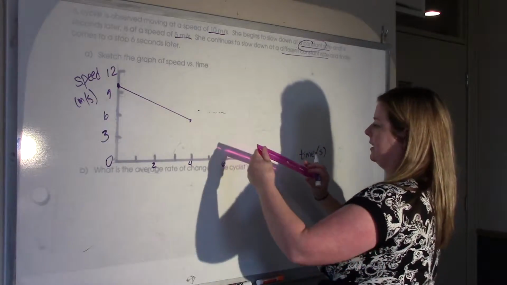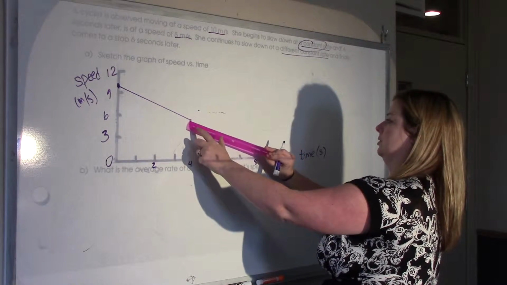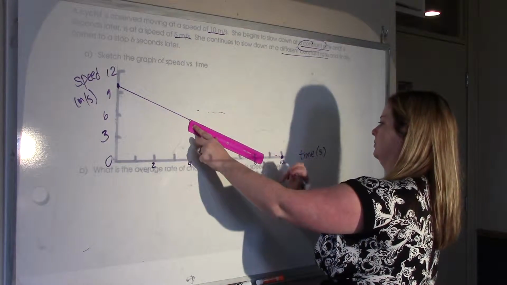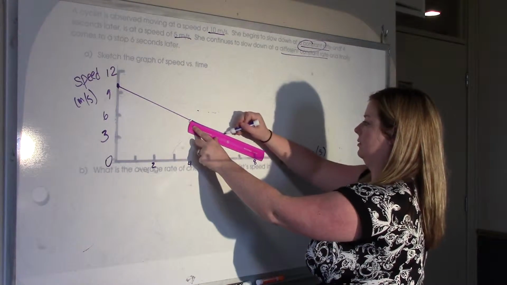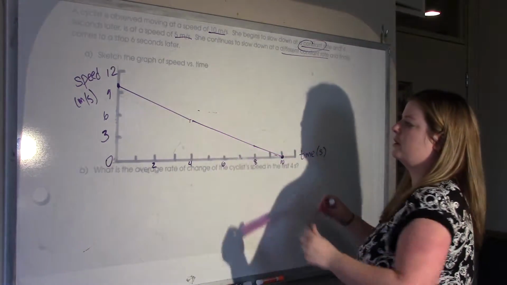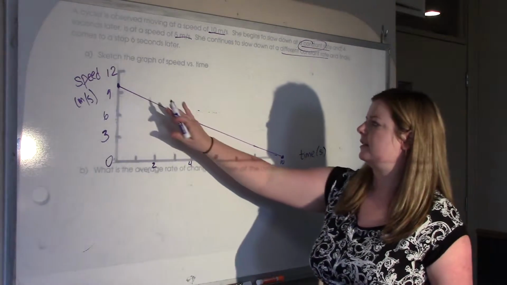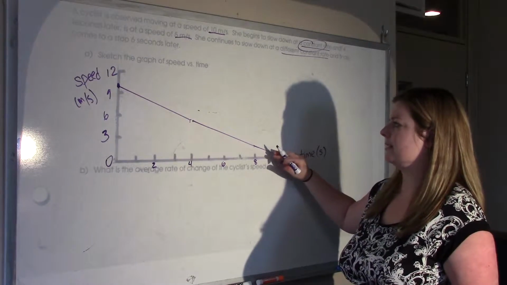You're basically just connecting this point with 10, 0, because that's when she's stopping. Okay, so there should be a distinction between how much this slopes and how much this slopes.